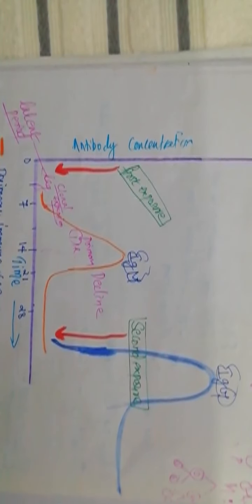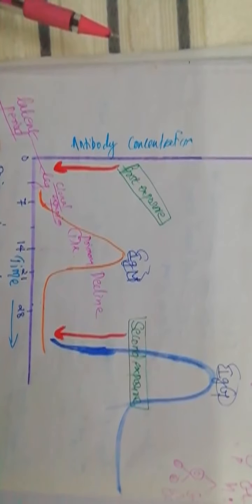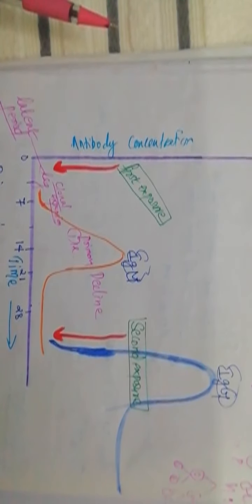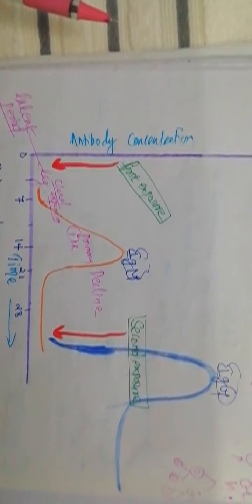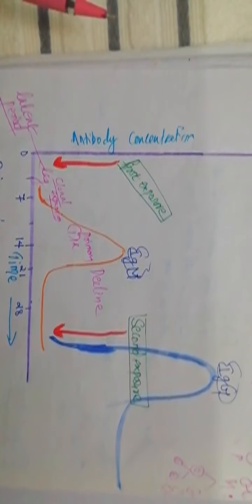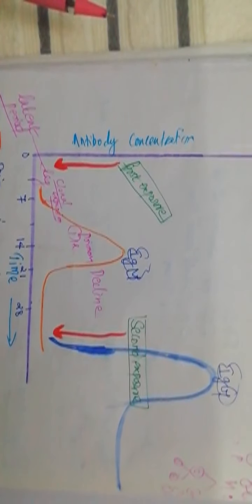I think all are clear with that. So the first time our body is exposed to an antigen, it is called the primary immune response. The immune system has not seen the antigen till now. Usually the innate immune response will try to eradicate the organism and will not allow the organism to enter. If it enters into the body, the immune system gets activated, the acquired immune response will happen, and it takes a long time.